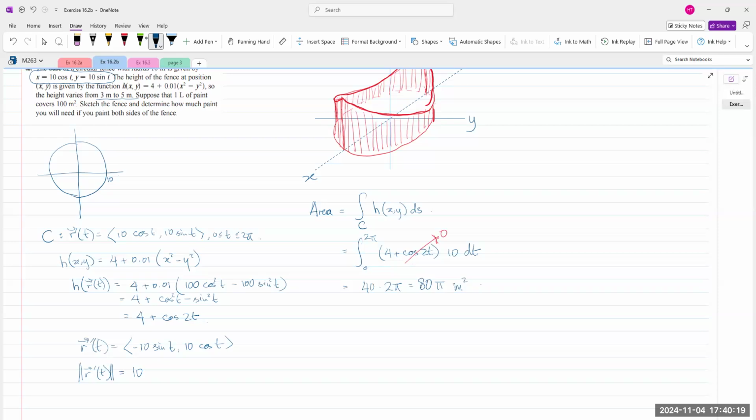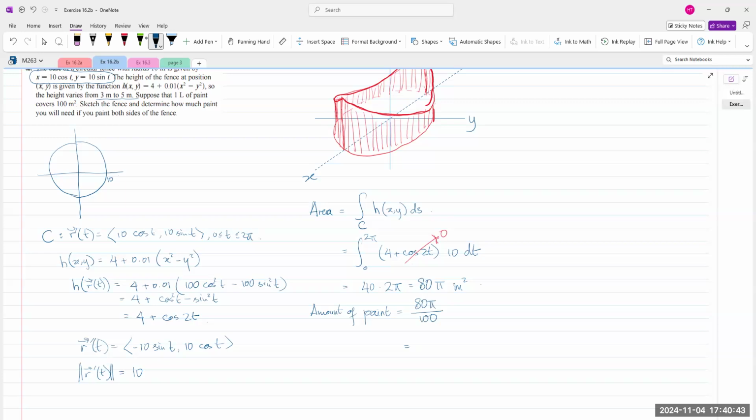So what is the amount of paint? The amount of paint will be the total area divided by 100 square meters.